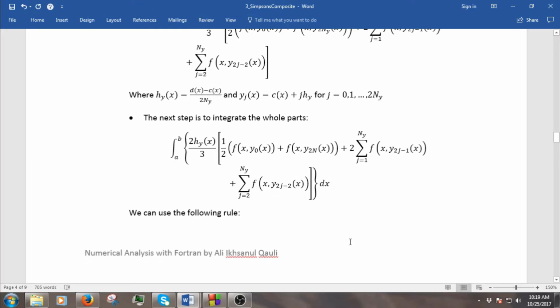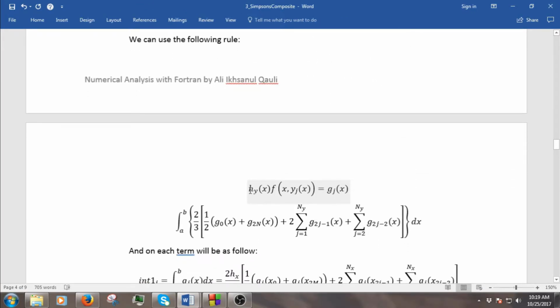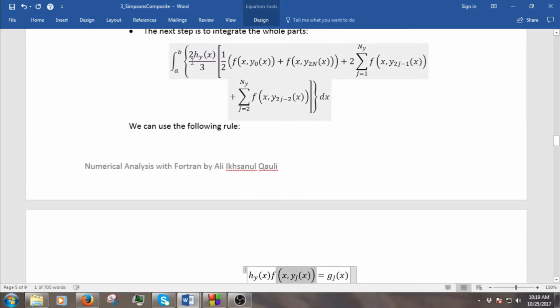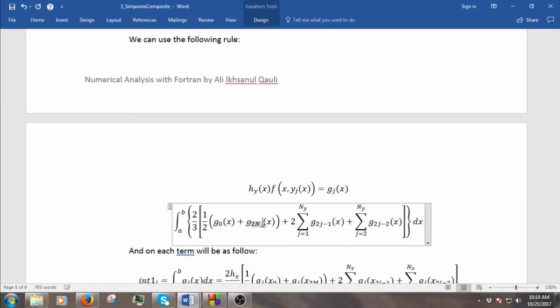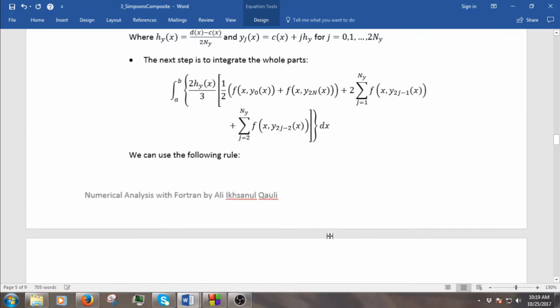So we introduce a simplification where h_y multiplied with f(x) equals g_j(x), and then the whole integral here becomes like this. The g to n, this is n_y, right? This is n_y.